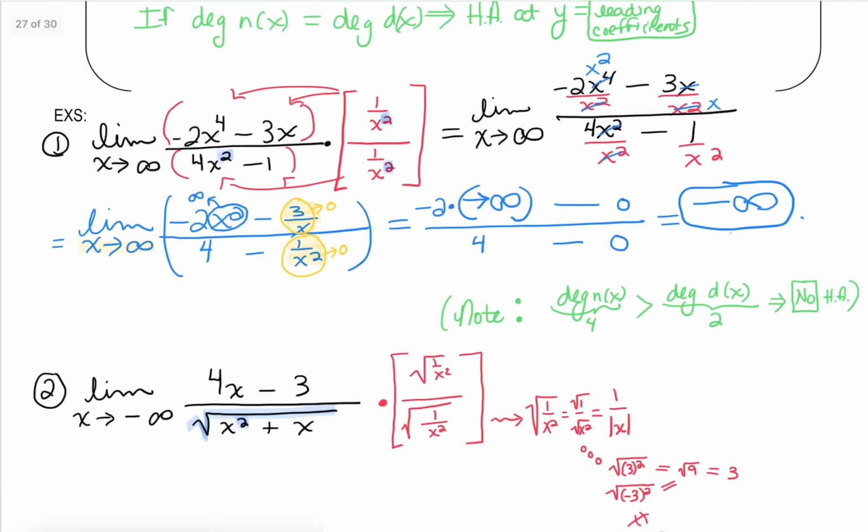So this is just a little review of why, technically, by definition, you get back to the positive form of that x. The definition of the square root of x squared is technically the absolute value of x.